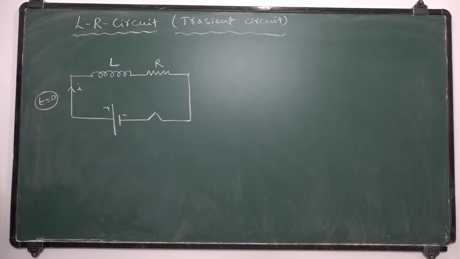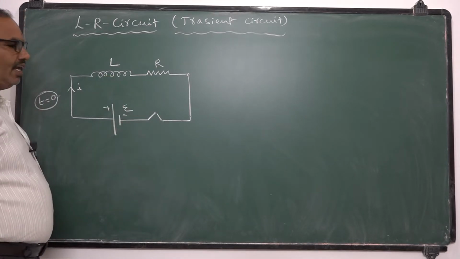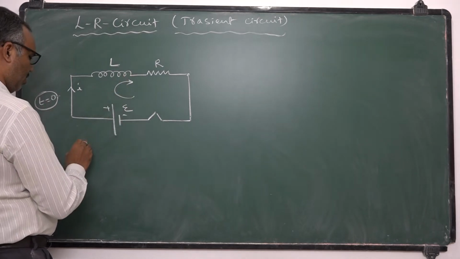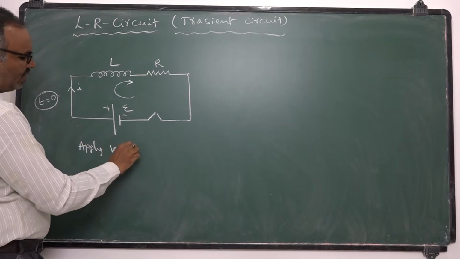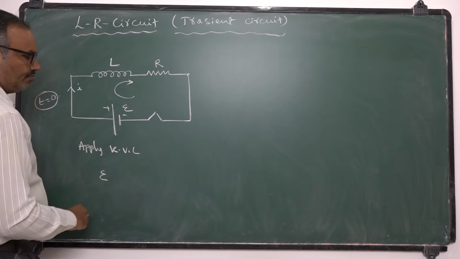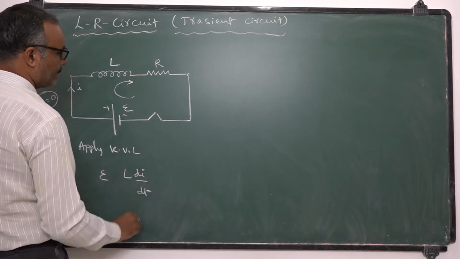So to understand this circuit, let me take the EMF of the cell as E, and apply KVL, Kirchhoff voltage law, here. What are the EMFs available? E, L into di by dt, and IR.